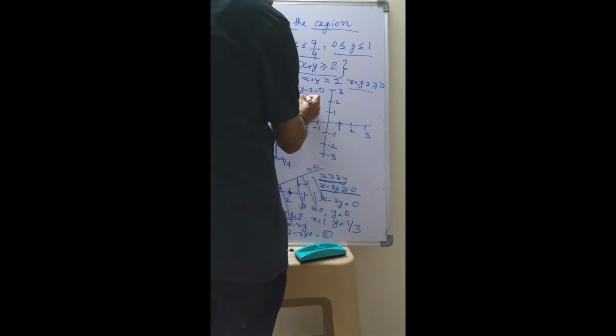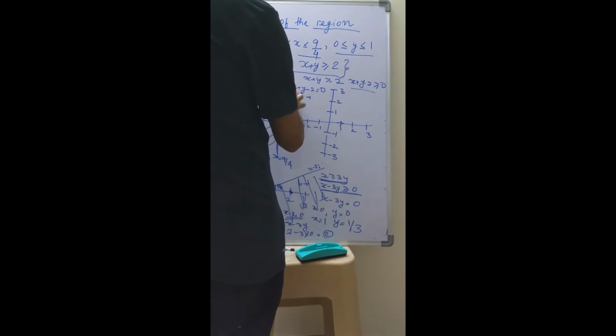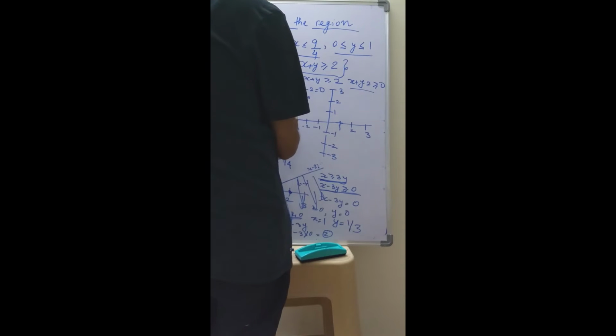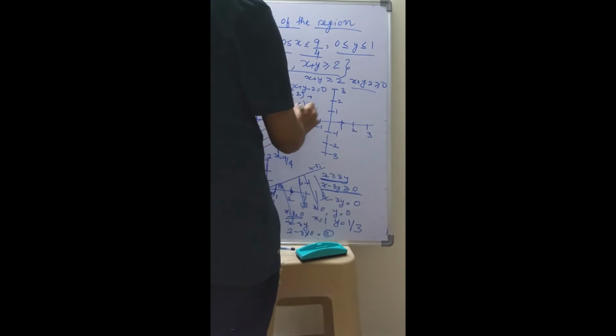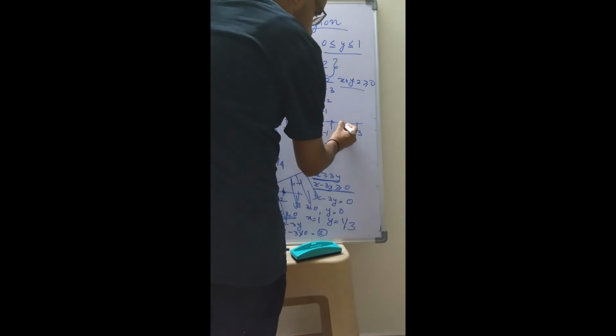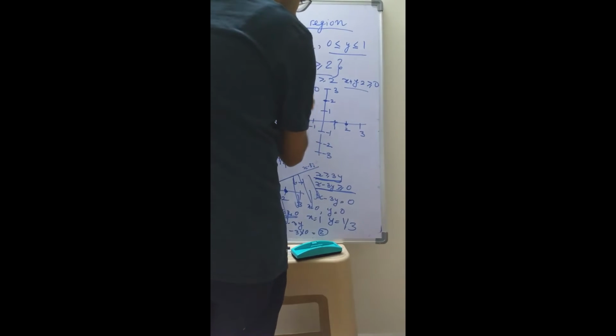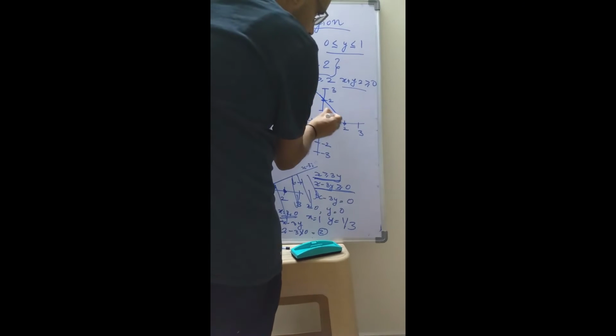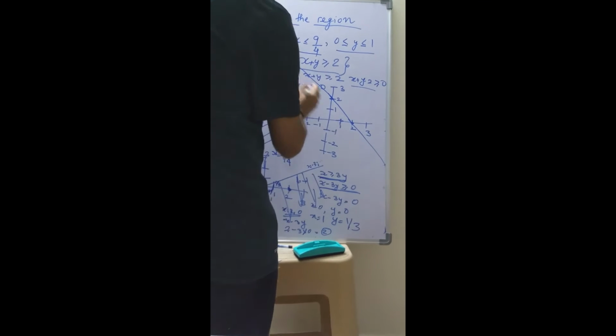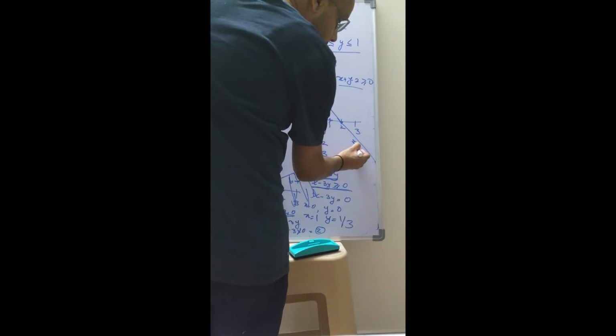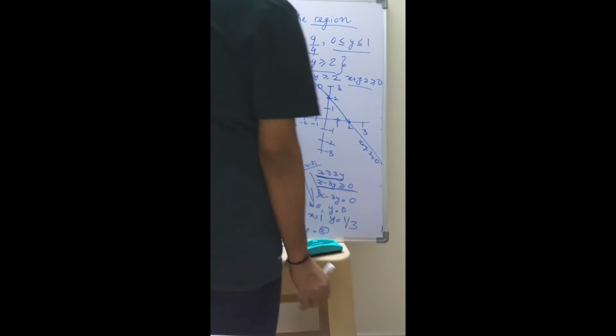So one point that satisfies this equation is 0 comma 2. Do the reverse: put y is equal to 0 and find x is equal to 2. The second point is 2 comma 0. So you have one point here and one point here. If you join both of these, your straight line is x plus y minus 2 is equal to 0.